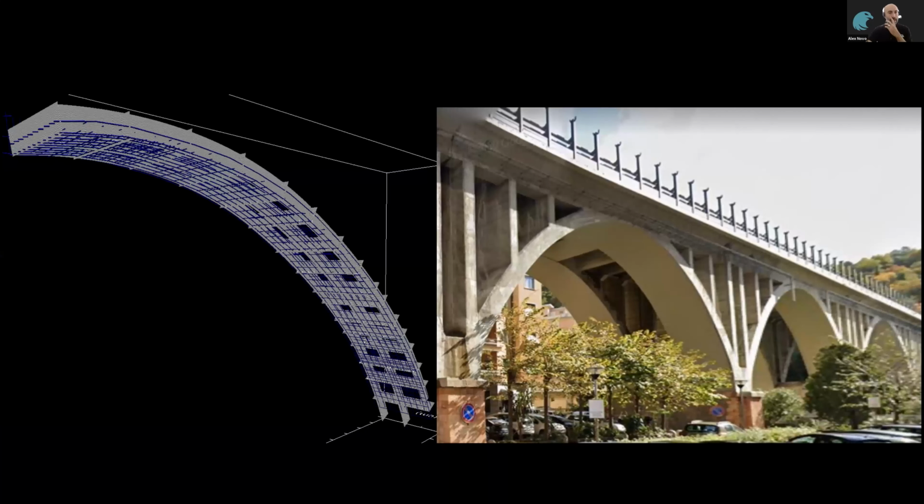Another reason why data analysis is important is that sometimes you need to do an extra effort on data post-processing. This is data provided by Guido Tronca, and it shows a lot of B-scans, a lot of radar lines collected over this arch on this bridge, and he adapted all this data to the geometry.